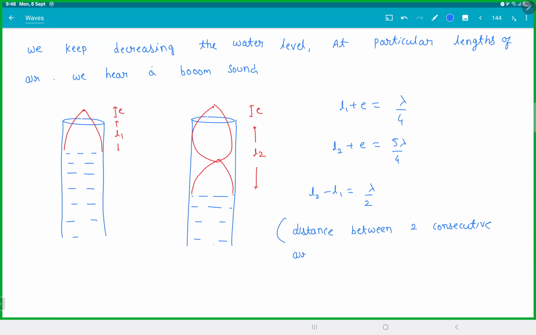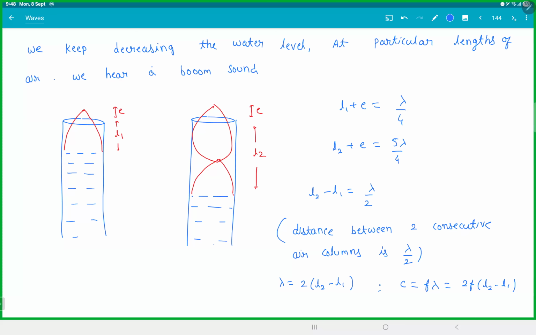And the best part is the end correction gets cancelled automatically. Then you're done. That means lambda is 2 into (L2 minus L1). Therefore, the speed of sound C will be f into lambda, which is 2f(L2 minus L1). There you found the speed of sound.